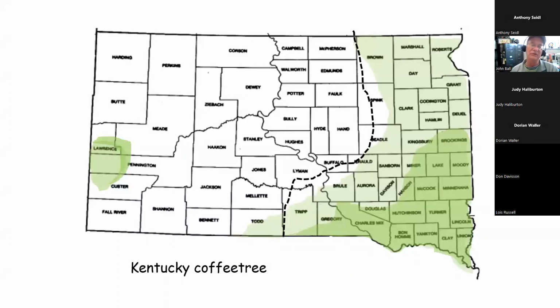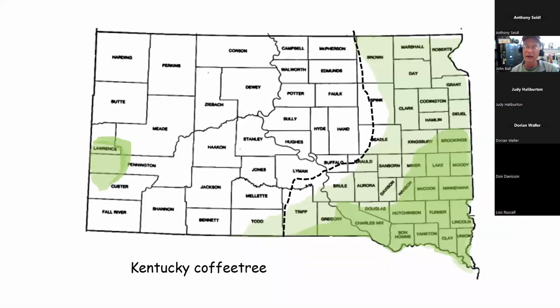Again, it is drought tolerant enough. You can go to the river, and in town, you certainly can. There's some nice trees all the way up into Mobridge. And by the way, there's some nice trees in town in Philip. I can find them across the state in town.